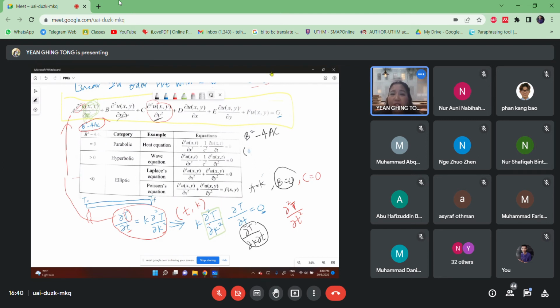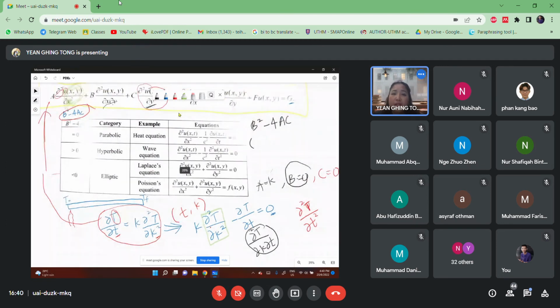Alamak. Didn't come out. Wait lah. Zero tak keluar lagi. Alamak. Okay. Square minus 4. So A just now this one K.